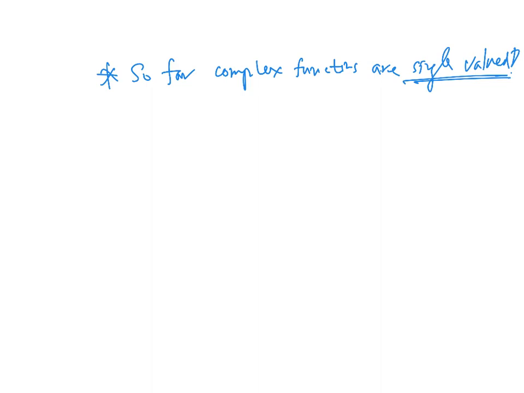But sometimes it is not. For example, Z to the half is a typical example of not single valued function.